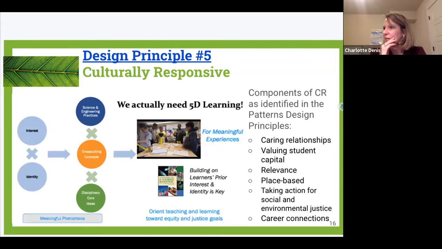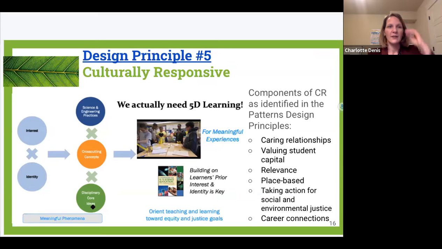Okay, so when we're developing a unit, we want to be able to incorporate as many of the design principles as possible, but I think I would have been remiss here to not focus on culturally responsive as the design principle to think most deeply about for this unit. Some of you are maybe familiar with this diagram. Obviously, you know about the three-dimensional education in terms of the practices and the concepts, as well as disciplinary core ideas.